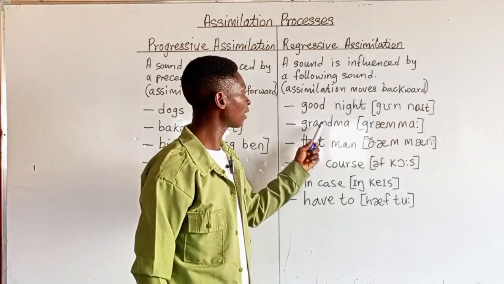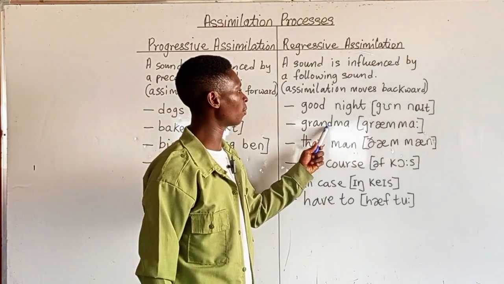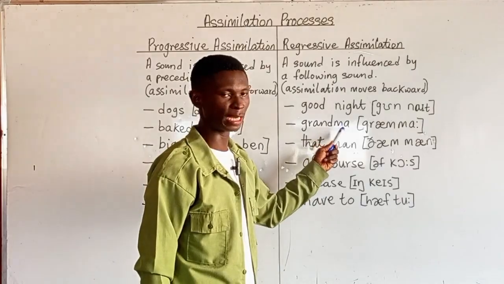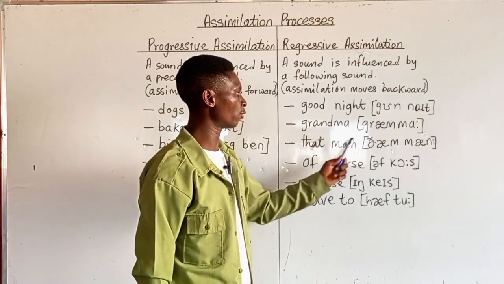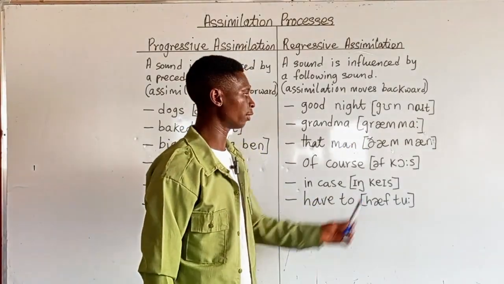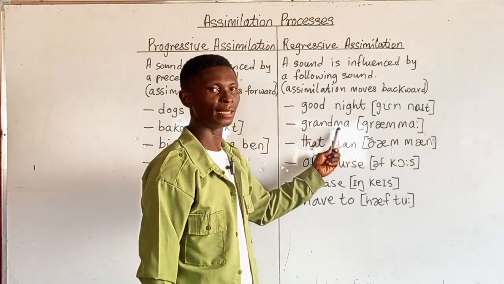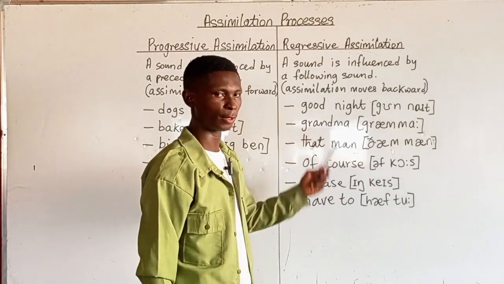Instead of having the n sound, it changes its form because of the bilabial nasal sound that comes after it. So this affects this. So this is regressive. This is the sound that influences this one, that assimilates this one.